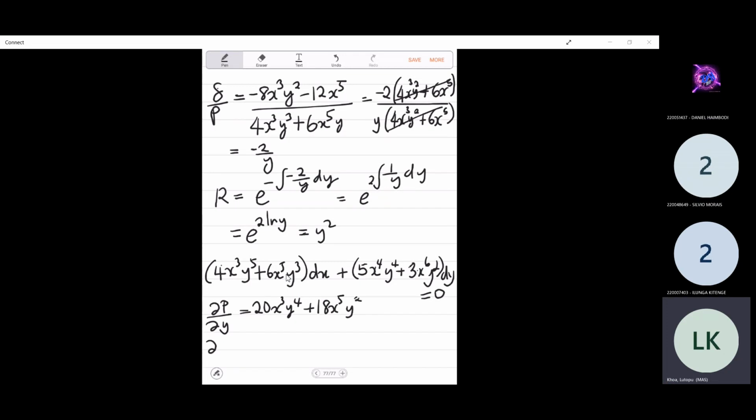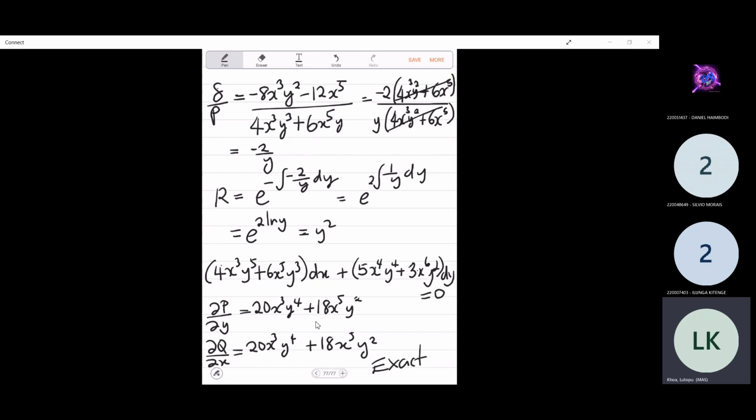Then dq dx, this will give 20x to the power of 3 y to the power of 4, and then we have 18x to the power of 5 y squared. So you can see that our two derivatives are equal, therefore it is exact. So this is exact.